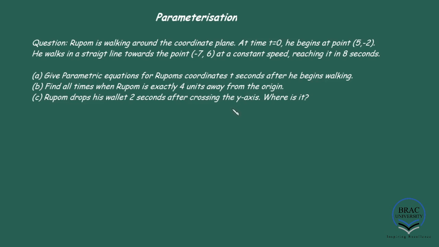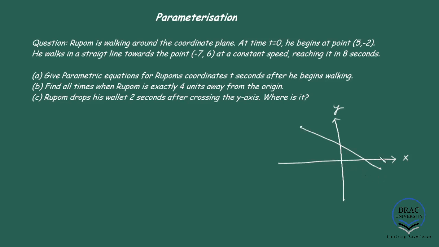Alright, this looks like a very interesting problem, so let me begin by drawing the xy coordinate plane and locating the points. So that's x and that's y. And these are the 2 points.